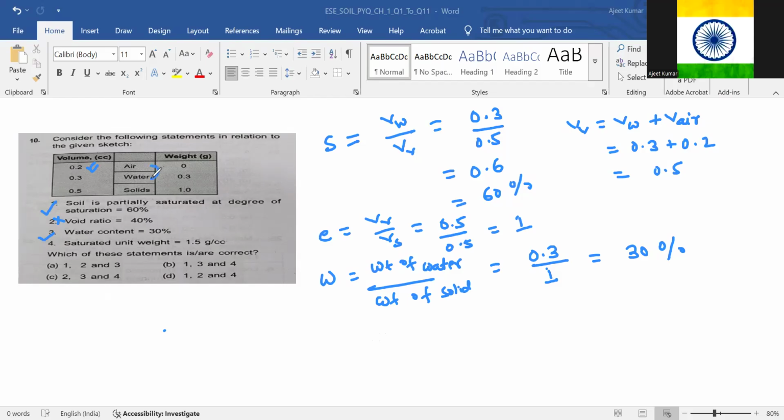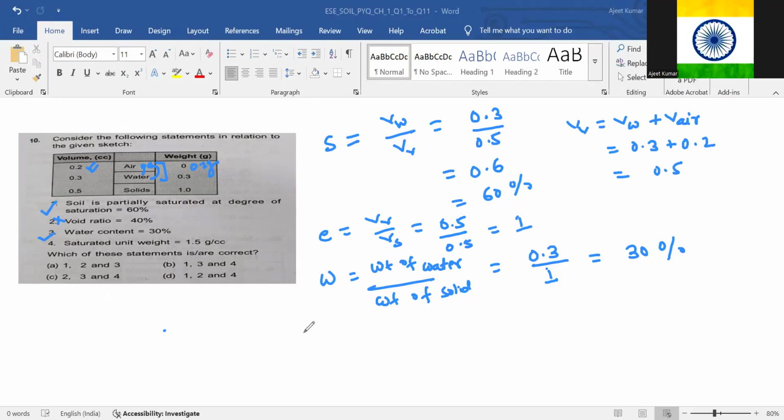If it is taken by water, then 0.2 cc of water will take the space of air. Then the weight of water will be 0.2 gram, because the density of water is 1 gram per cc in this case. So if we fill all the voids with water, the weight of water will be 0.2 plus 0.3.